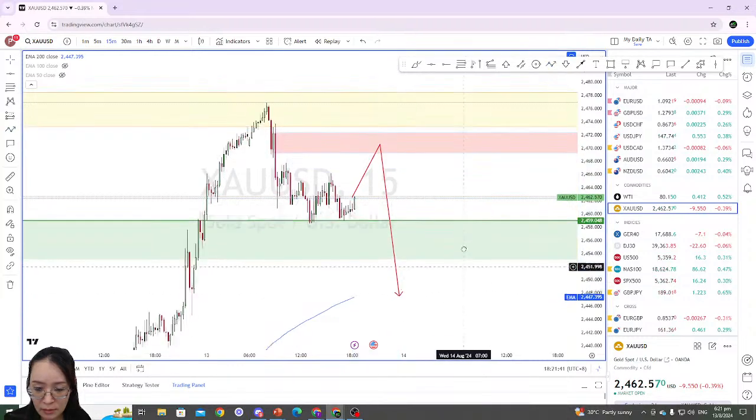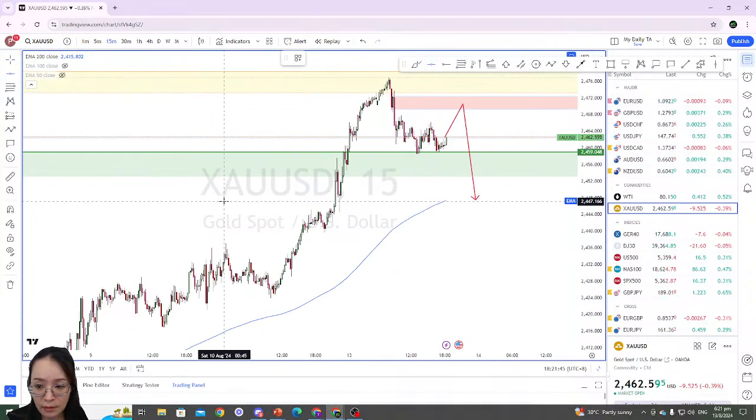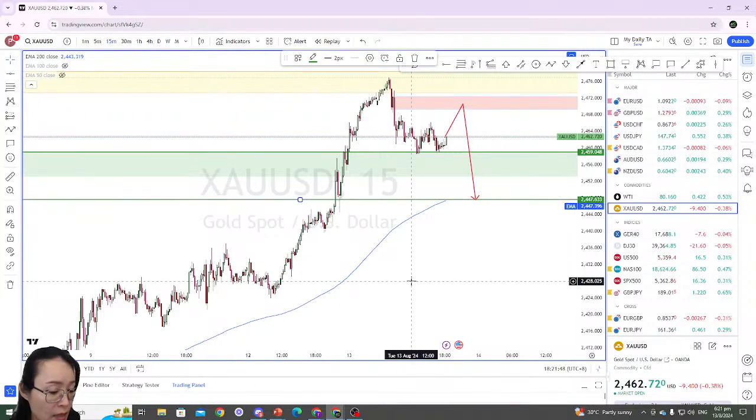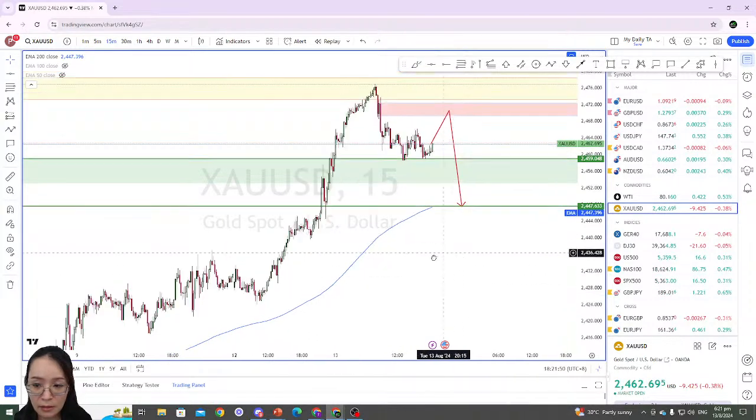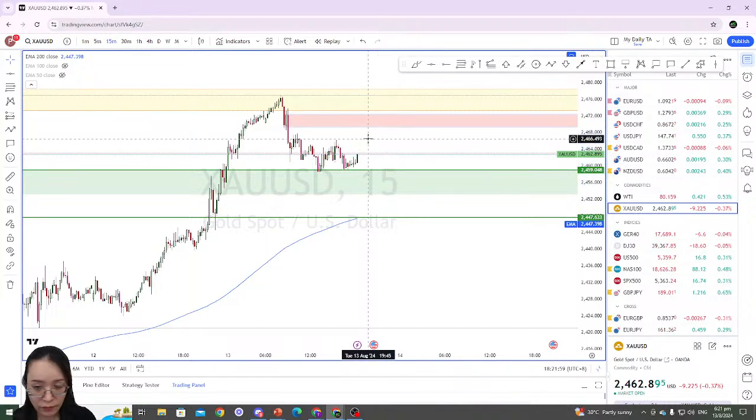Target TP, this could be your TP1 at EMA 200 based on M15. So I'm waiting for price to go back to this zone. It's about 24.70. I want to short from that level.